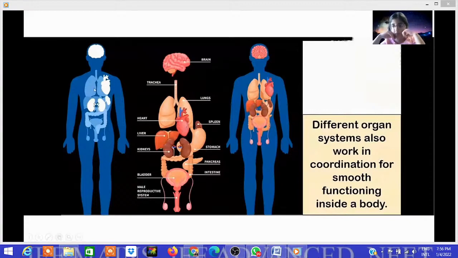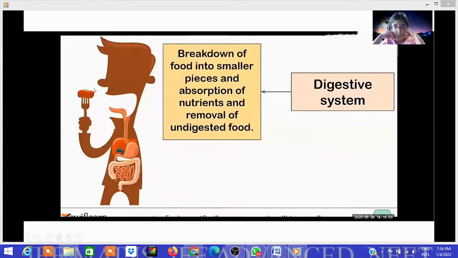Okay, very nice. So now, if I talk about the digestive system, the function of the digestive system is to break down the food into smaller parts, absorb all the nutrients, and remove undigested or waste food. Like when we eat, we don't eat an entire pizza directly, we don't swallow it. We have to bite it with our teeth, we have to chew it, right?